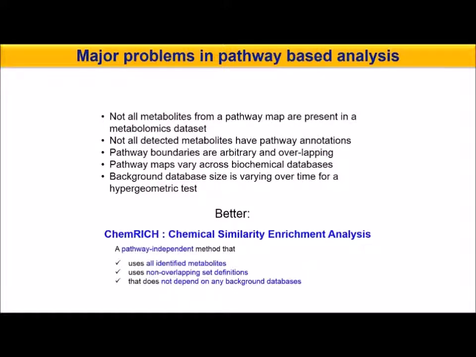So there are major problems in pathway-based enrichment analysis, as summarized in this slide: not all metabolites from a pathway map are present in a metabolomics dataset. Not all detected metabolites have pathway annotations. Pathway boundaries are arbitrary and overlapping. Pathway maps vary across biochemical databases, and background database size varies over time for a hypergeometric test.